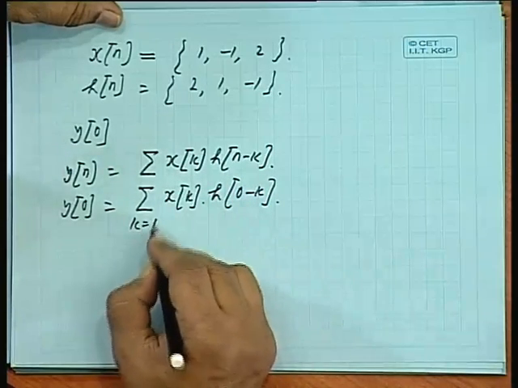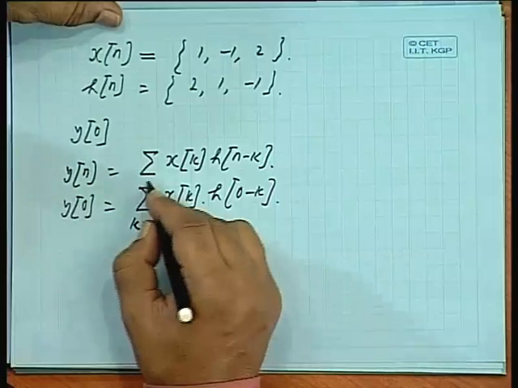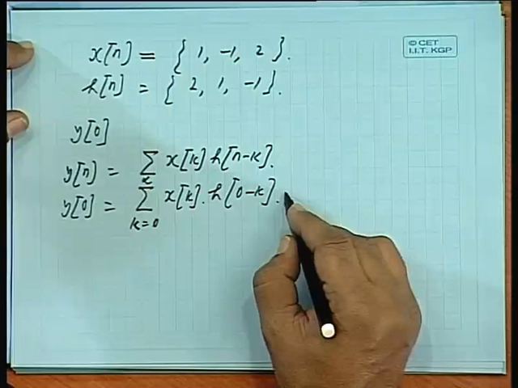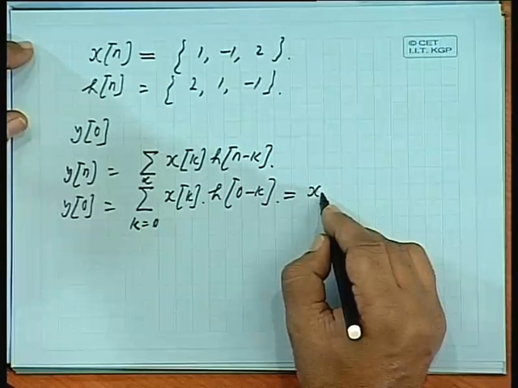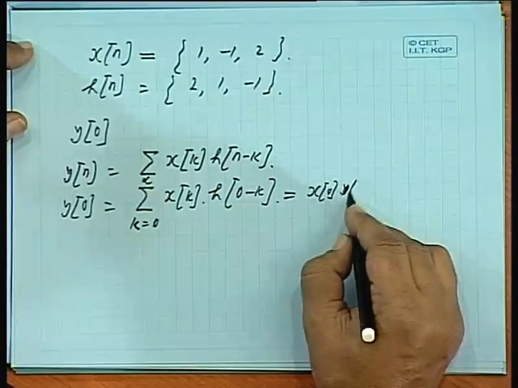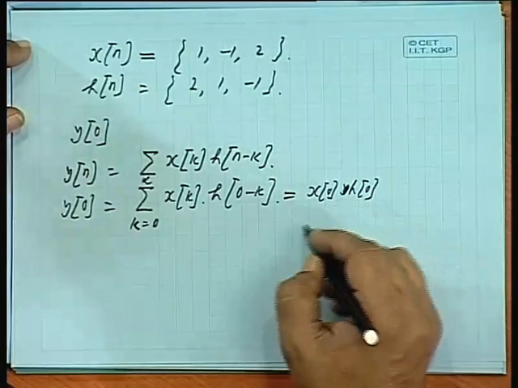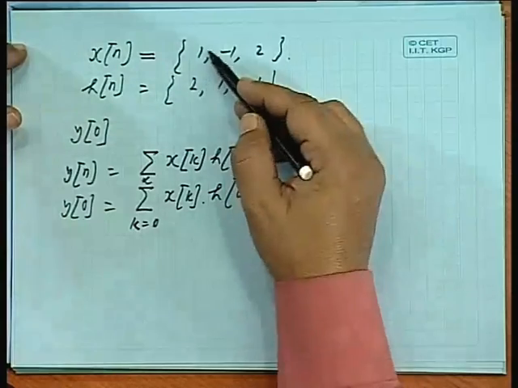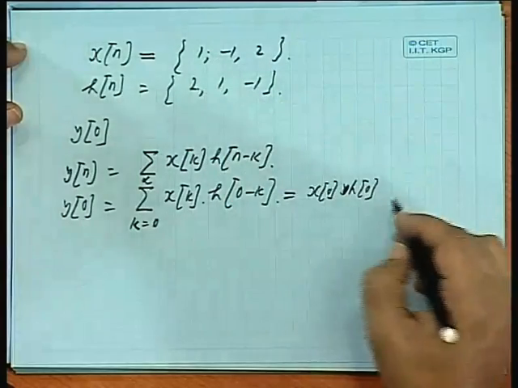You keep on varying k, all right. Take k equal to 0, it will be x0 h0, nothing else can be taken. So, that gives me 1 into 2, 2.